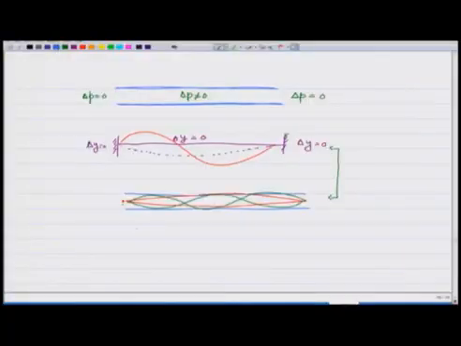Recall that in the case of the pipe, I am going to write delta p, which would be described by, depending on how I choose my coordinates, I will take the left end to be x equals 0 and the right end to be x equals L, the length of the pipe, and delta p would be a sine of k x cosine of omega t, or any different variations.